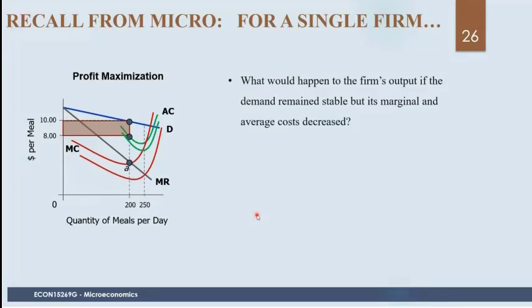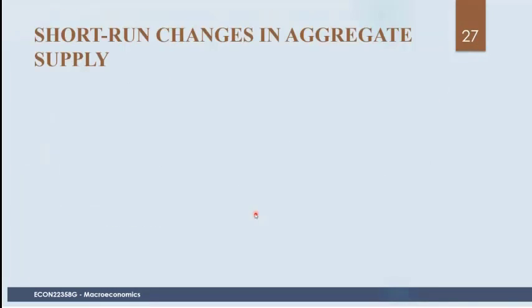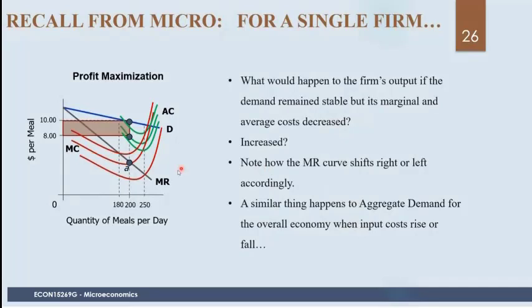So the marginal revenue curve stays the same, and now it's going to intersect with the marginal cost curve at a higher output. So again, there's a positive relationship here between prices and the quantity. Here, the quantity would increase. So don't worry too much about that, I'm just trying to add a little bit to it.